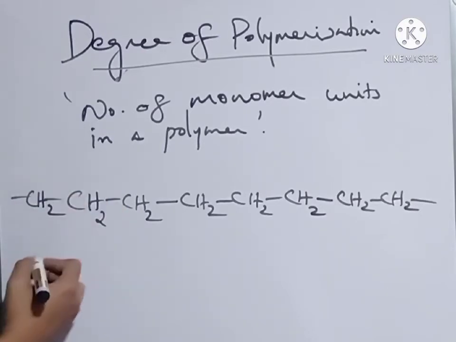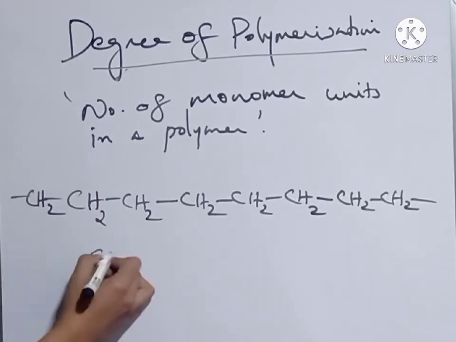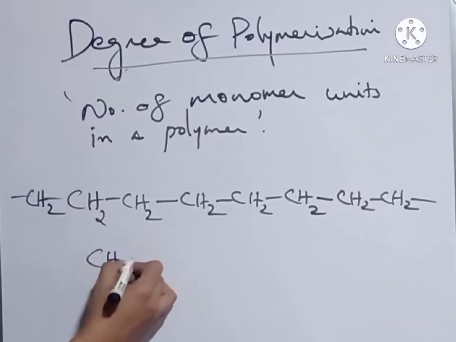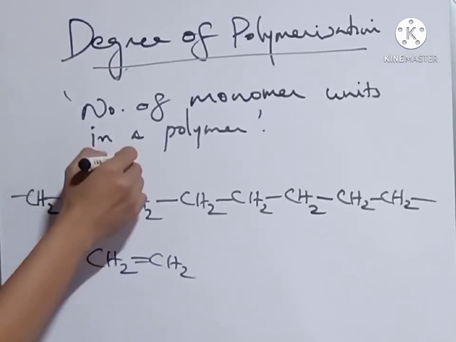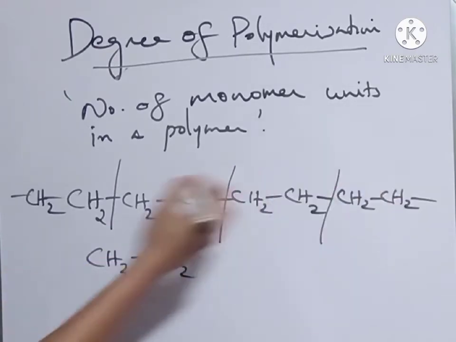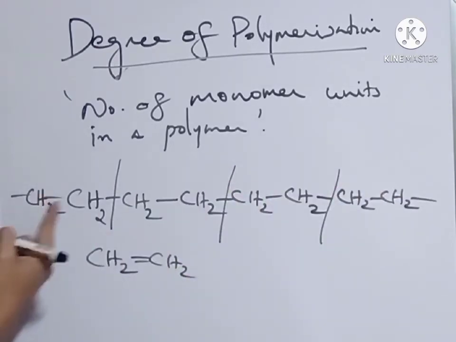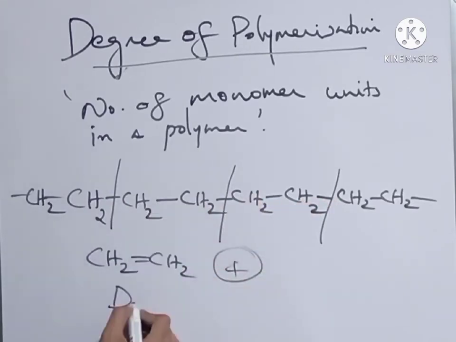Polythene molecule means the monomer is this CH. How can we find out the degree of polymerization? If we break this molecule into the monomer units, we'll get 1, 2, 3, 4. 4 such units are there. So the degree of polymerization is 4.